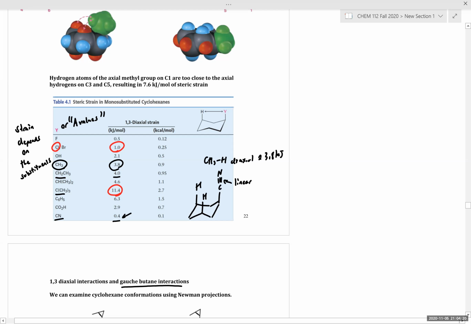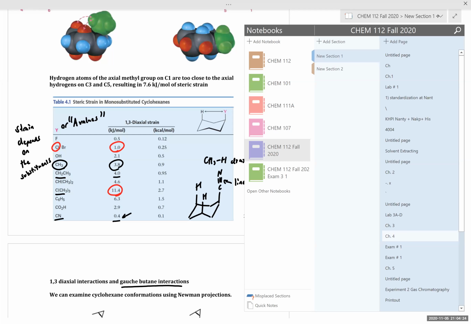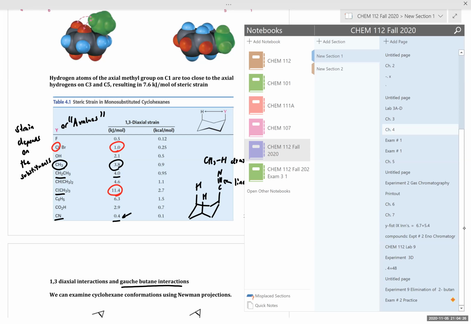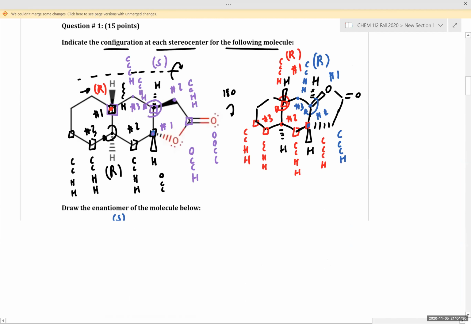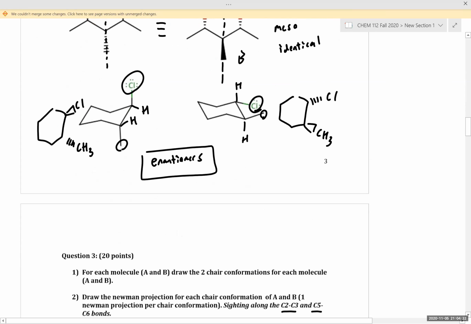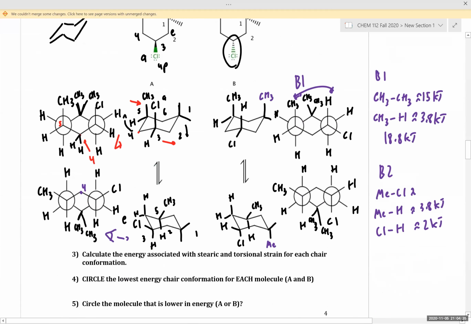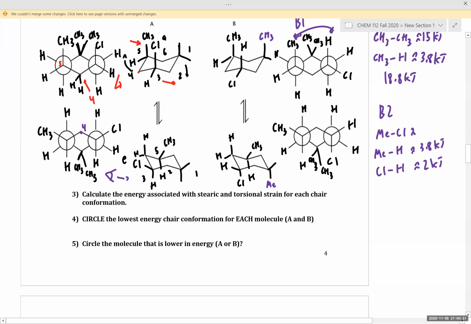So a chlorine hydrogen interaction, looking at our table on page 22, the methyl hydrogen interaction is 3.8. The chlorine hydrogen is about 1 kilojoule. So what would you expect a methyl chlorine interaction to be?